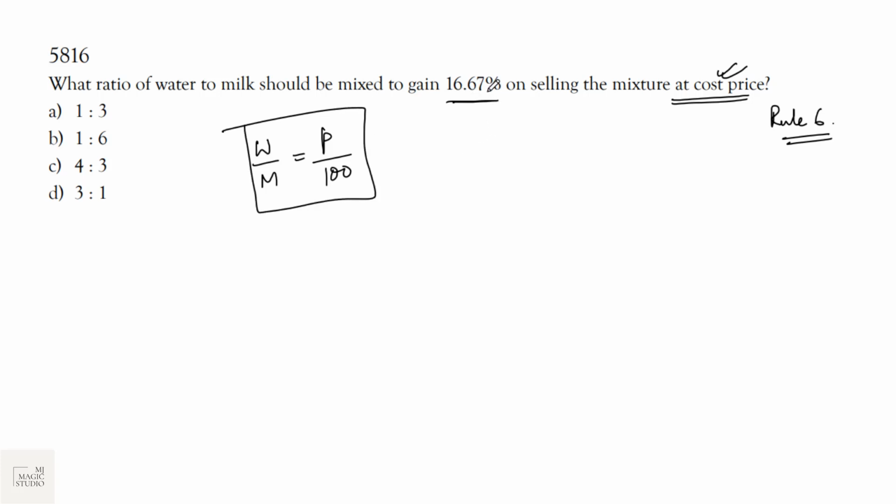That's it. Now 16.67% when divided by 100 is nothing but convert them into fraction. 16.67% is 1 by 6. So water and milk should be mixed in the ratio of 1:6. You will get 16.67% profit if you are selling the mixture at cost.